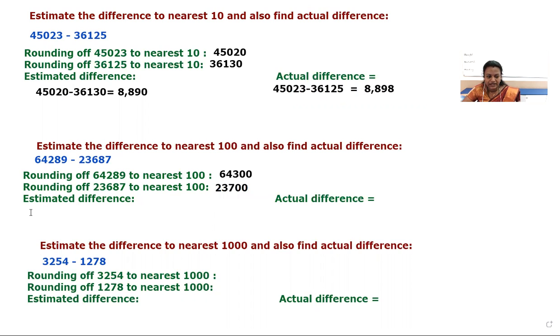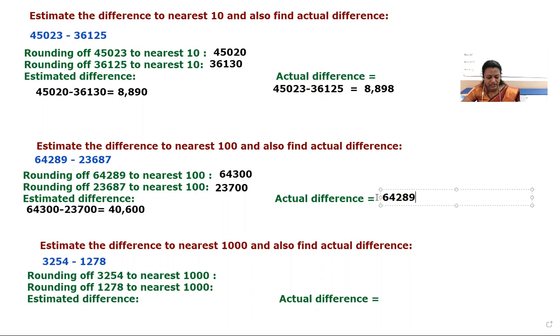So subtracting them, we have 64,300 minus 23,700. It results in the difference of 40,600. Let's try finding the actual difference.